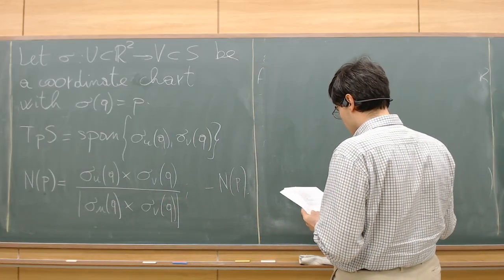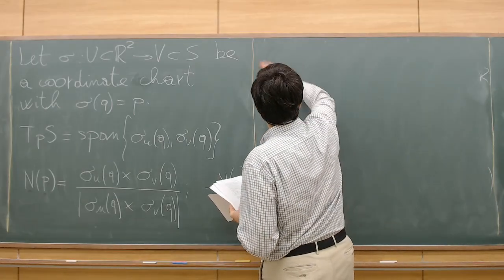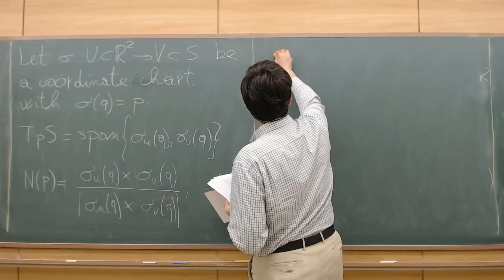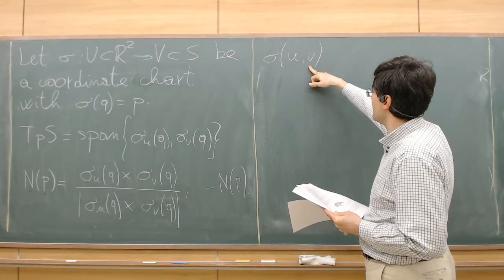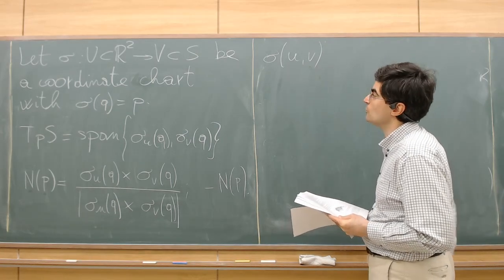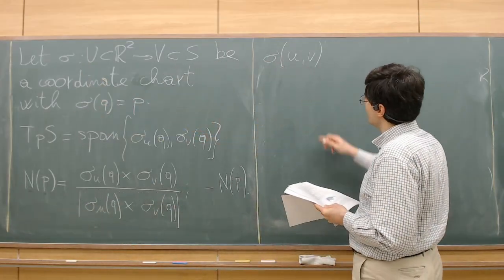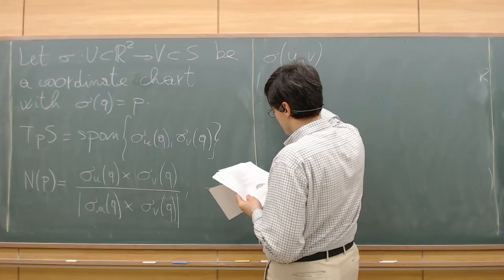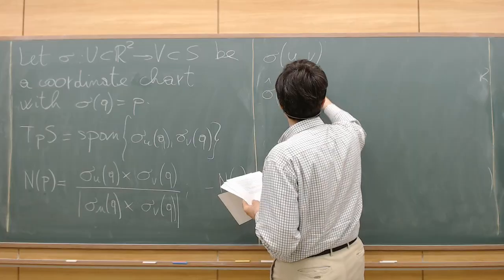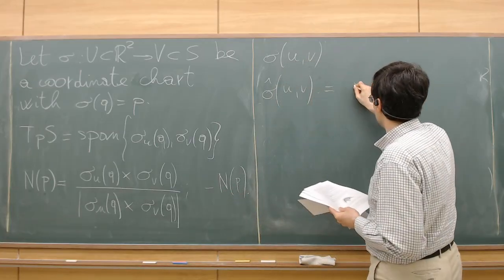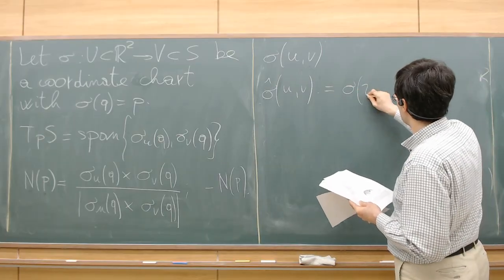Also because if you have a surface patch sigma, and here I am now assuming that u and v are the coordinates on U, then you can replace this surface patch by sigma hat uv just by making a simple change of sign of the second coordinate.